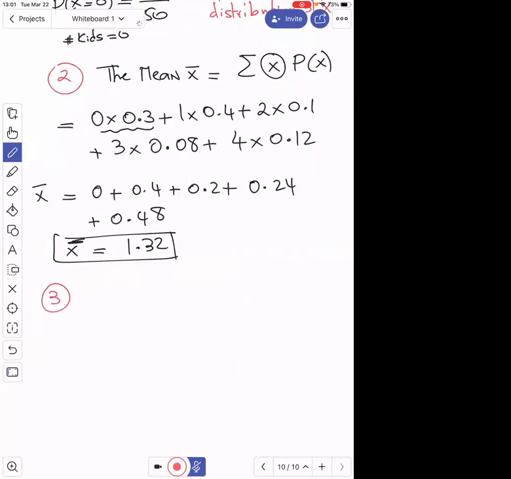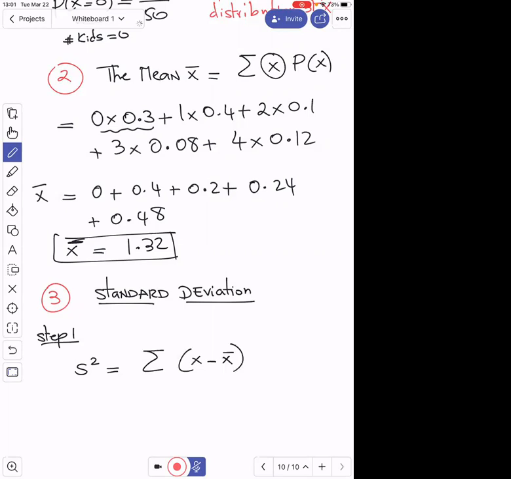So first step, we're going to compute S squared, the variance. The formula was the sum of X minus X bar, squared, don't forget the square, times P of X.